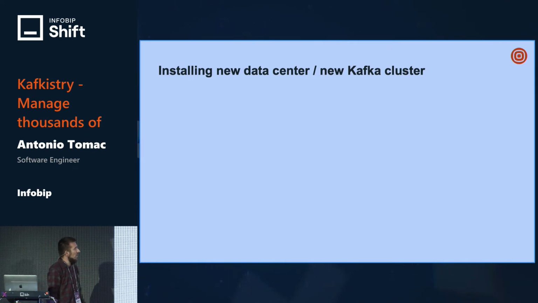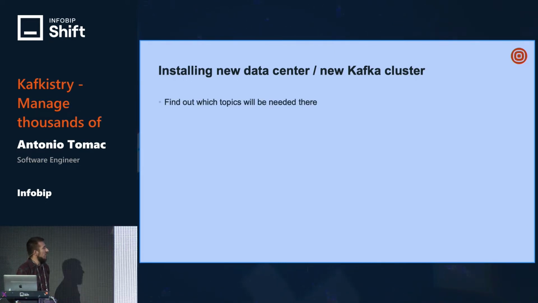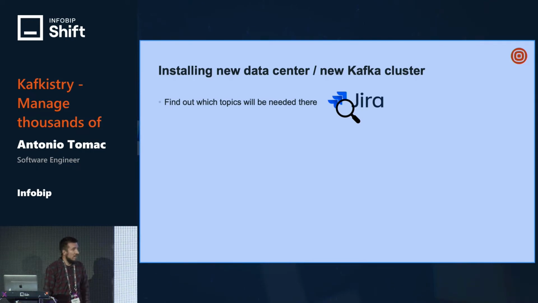And what would happen when we would need to install a completely new Kafka cluster when spinning up a new data center? Then we would first need to find all the topics that will be needed there. And the best bet was to search Jira for previous tasks, and fingers crossed that we would actually be able to find them all.